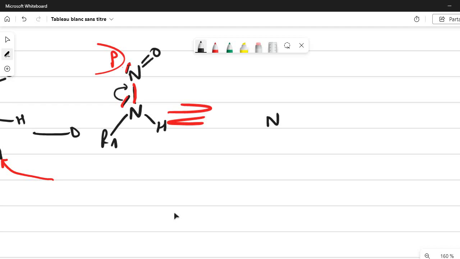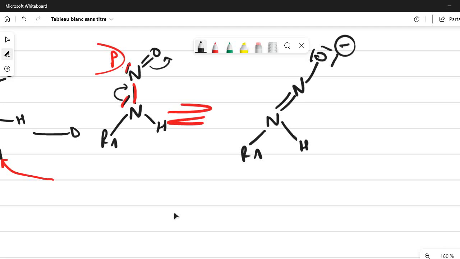Well, like this, and then the oxygen is going to be like this. So I have to draw R1H, and then here we have a pi bond between the two nitrogen atoms, like this, and then an alkoxide, okay?